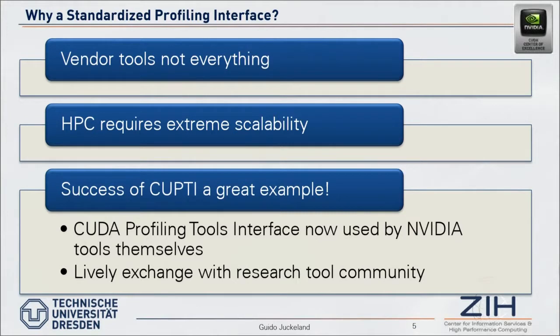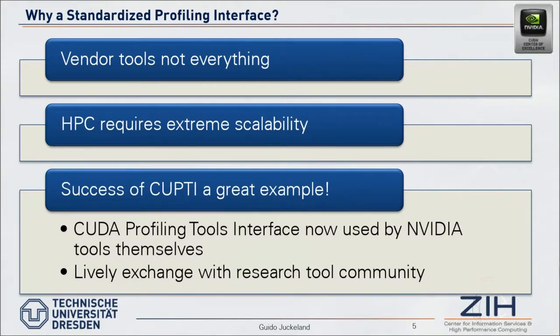And with NVIDIA CUPTI, that's the tools API for CUDA, this set a great example of how collaboration between a vendor, in this case for CUDA, and the research community can set a good example of how such an API could look like. How you can agree on certain demands, what kind of data you need.